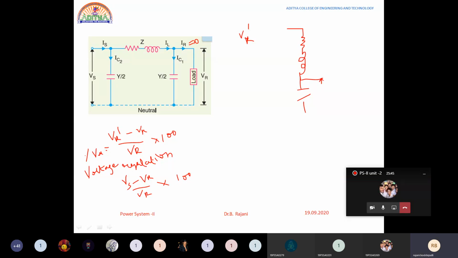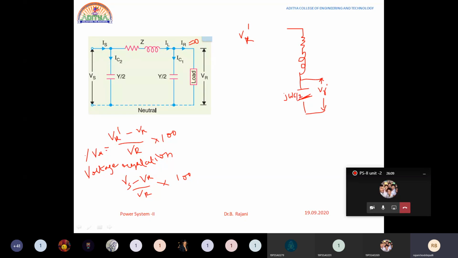This is the voltage, whatever the voltage at no load is. Since IR is equal to 0, this becomes like this. The only capacitor will be placed over here. This is the capacitor, and its value is j omega C by 2.